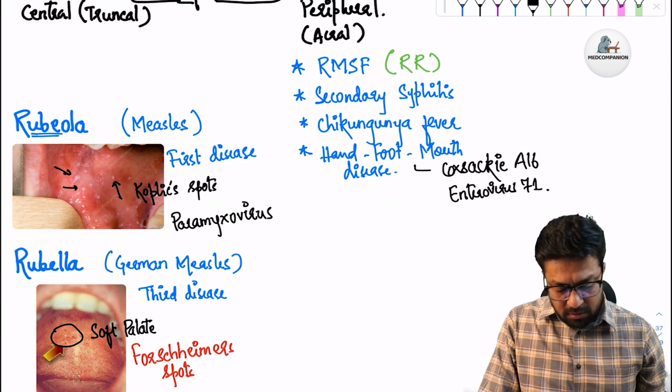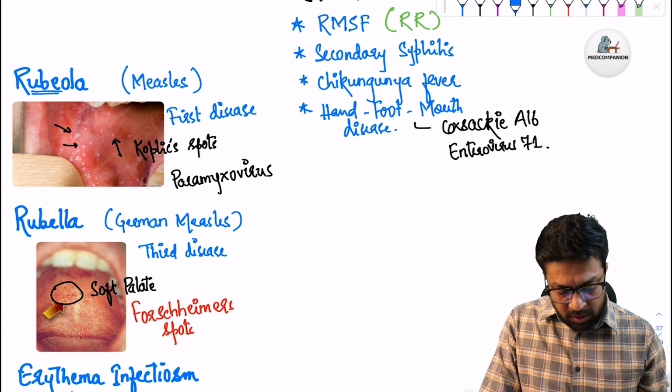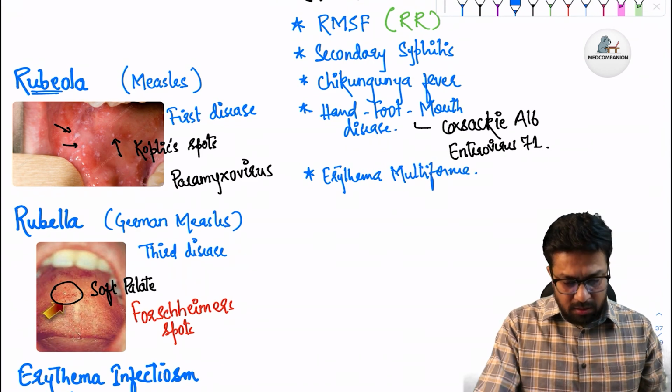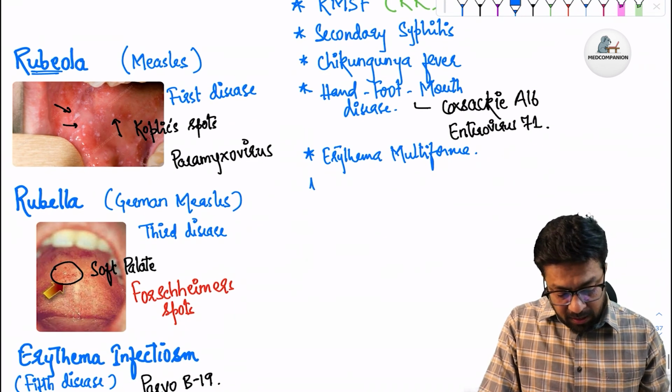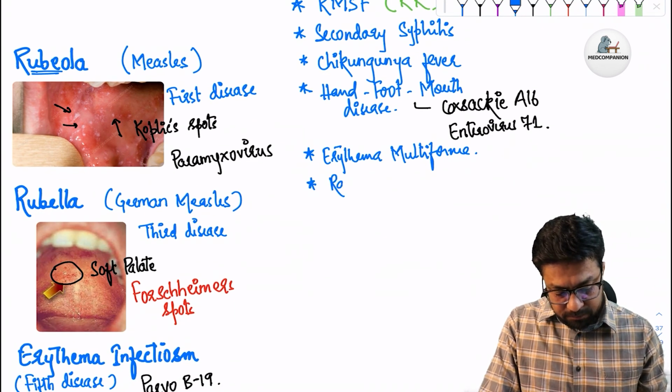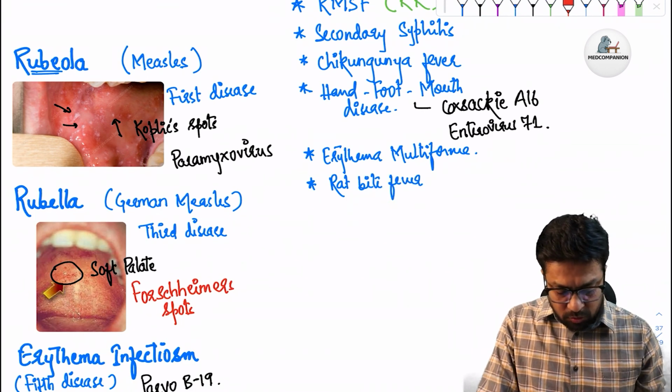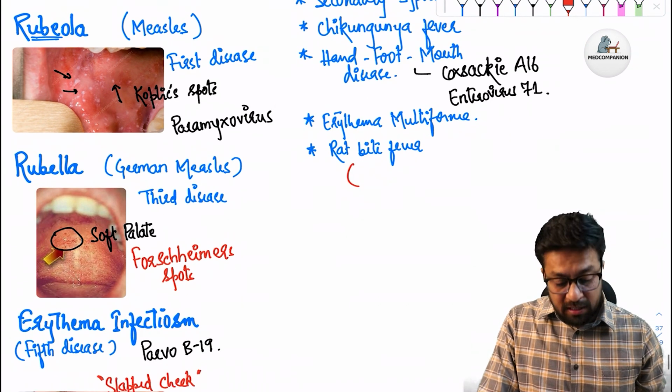Then the peripheral one, the next one is erythema multiforme. Last but not the least is the rat bite fever, which is also called as Haverhill fever.